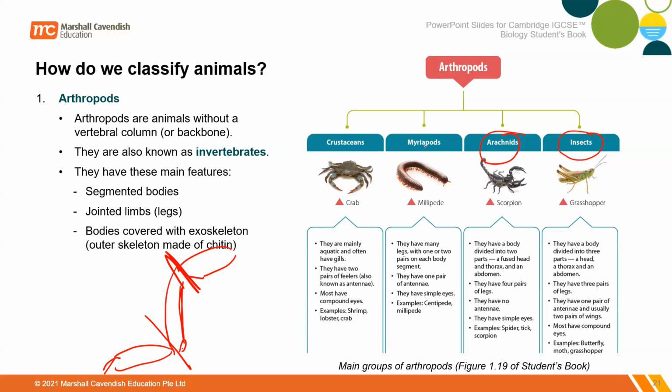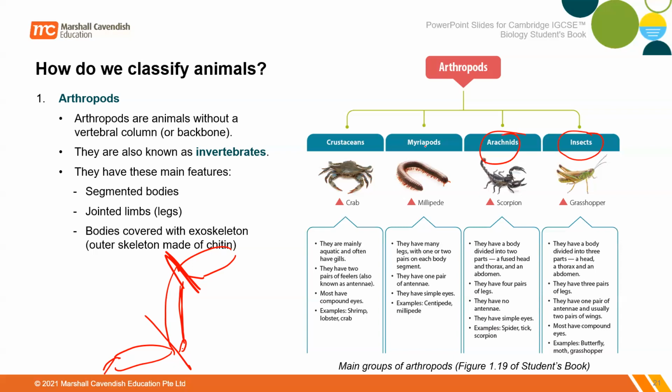The majority of questions ask you to differentiate between insects and arachnids, but it is very important to memorize the characteristics of all 4 groups. Crustaceans such as shrimp, lobster, and crab are mainly aquatic. They have gills.